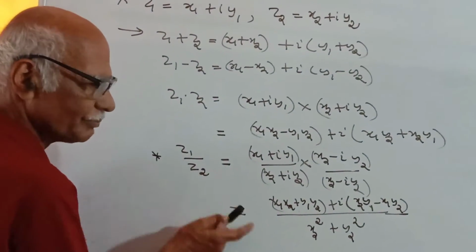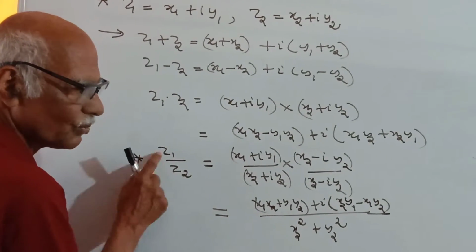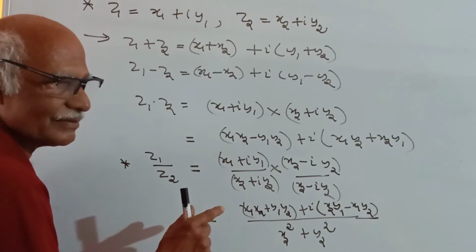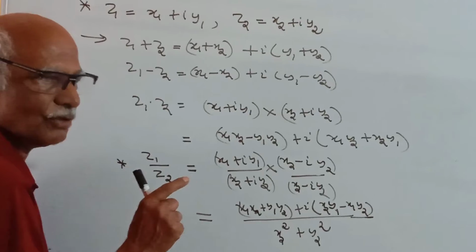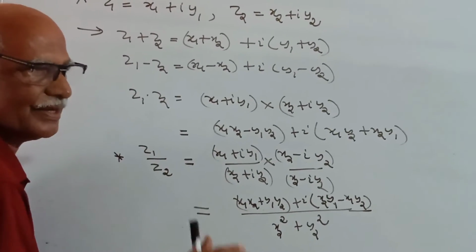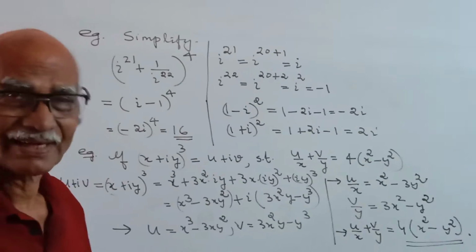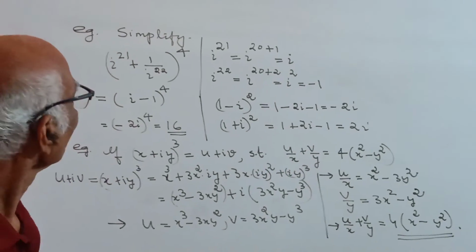So this is how you explain the quotient of two complex numbers. Always remember, whenever there is a complex number in the denominator, you multiply by the conjugate. Okay, now we consider examples.